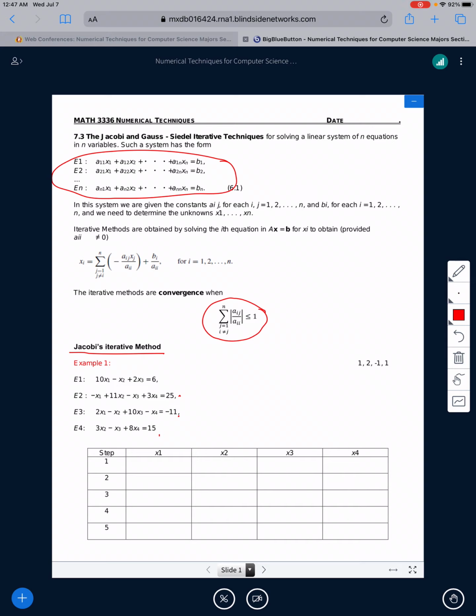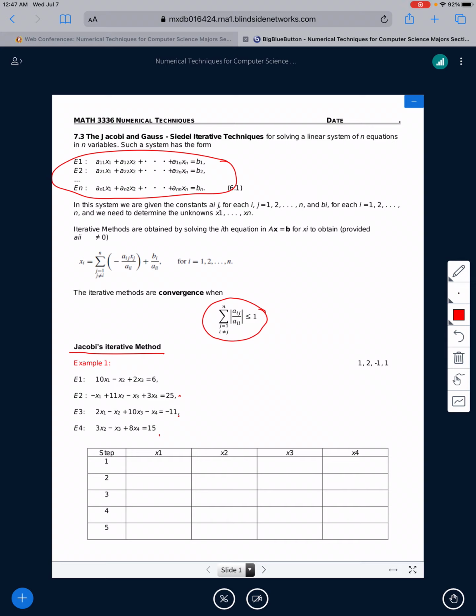What I'm going to do is move these two terms to the other side by adding x2 and subtracting 2x3 on both sides. That will give us 10x1 is equal to something, and then we will divide both sides by 10. So from the first equation I will get x1 is equal to 6 plus x2 minus 2x3, and then we will divide by 10.